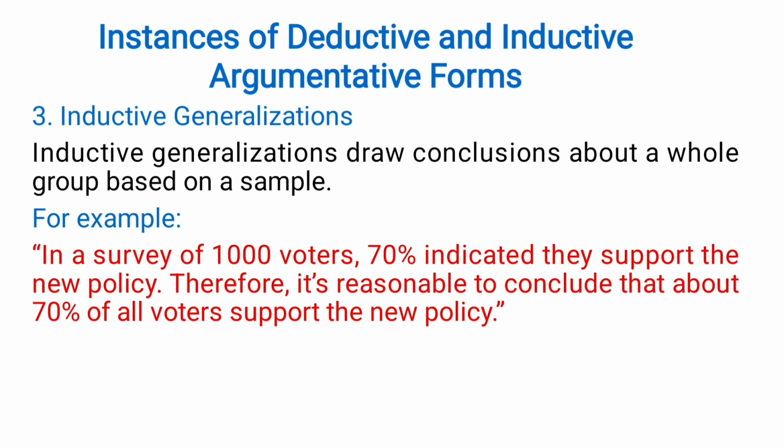Let's see an example. In a survey of 1,000 voters, 70% indicated they support the new policy. Therefore, it's reasonable to conclude that about 70% of all voters support the new policy. Here, the conclusion generalizes from a sample to a larger group.